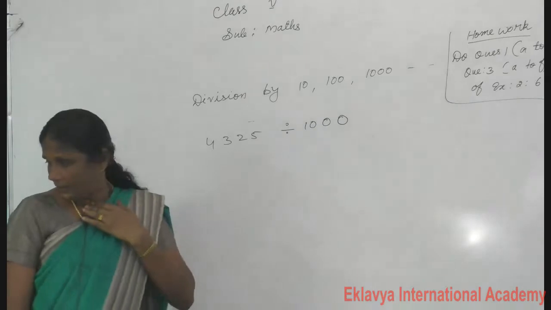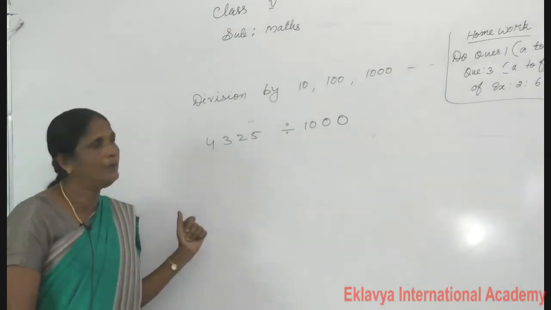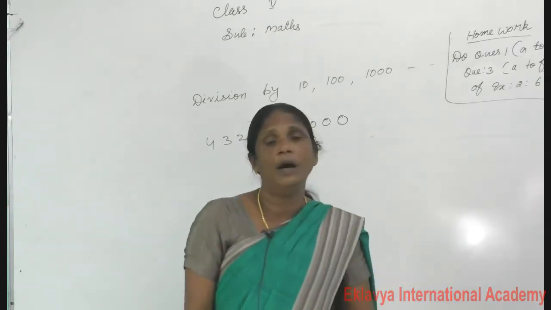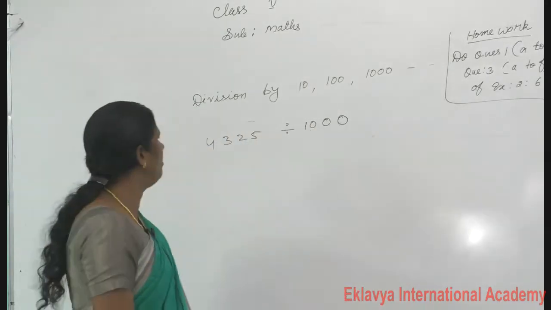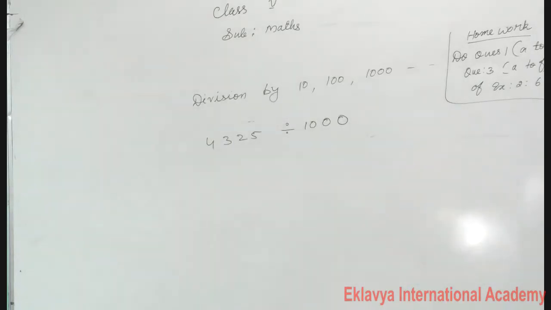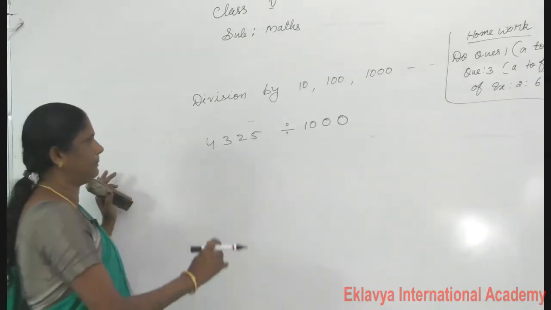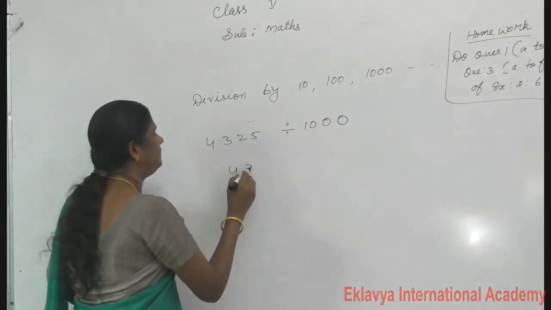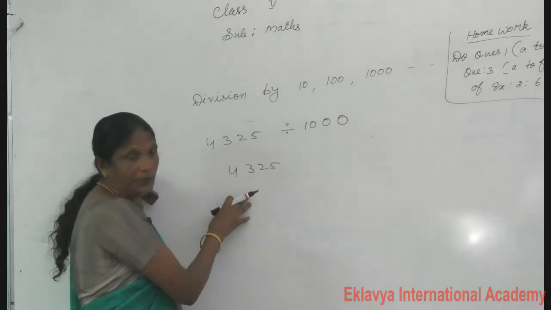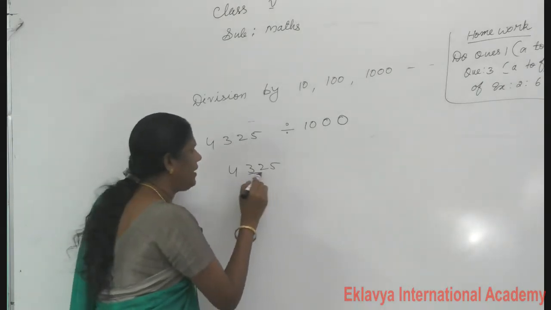Again, divide by 1000. We remove 3 digits from the right hand side of the number. How many digits do we remove? 3 digits, that is 325.